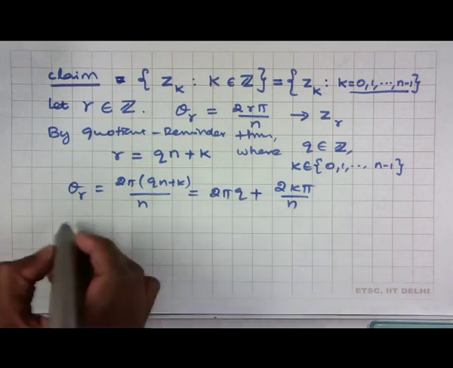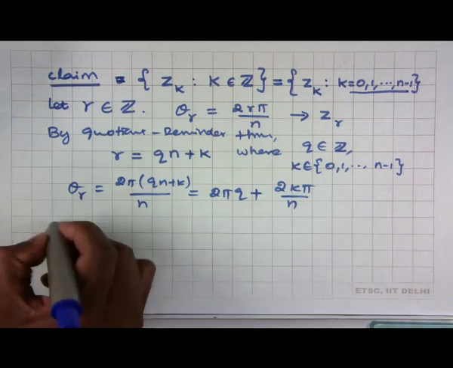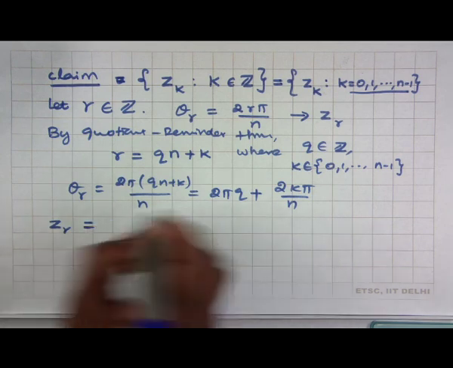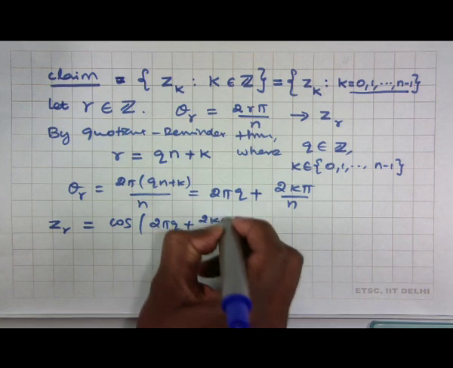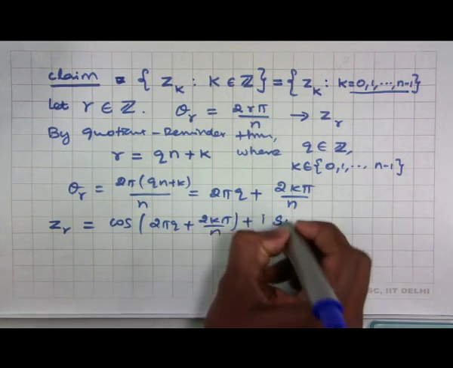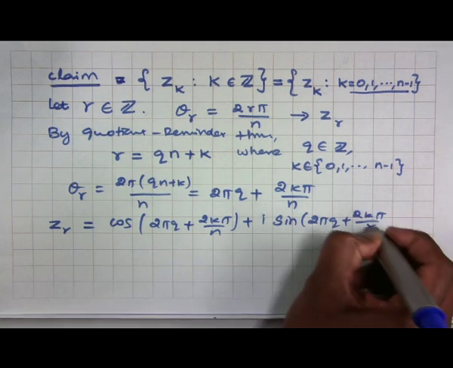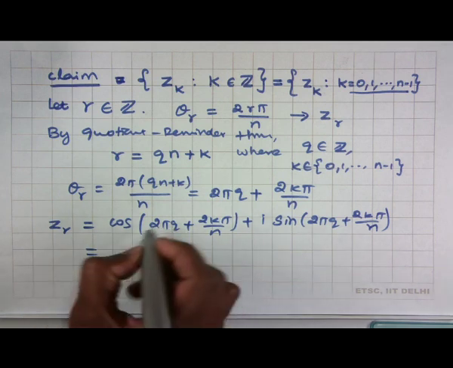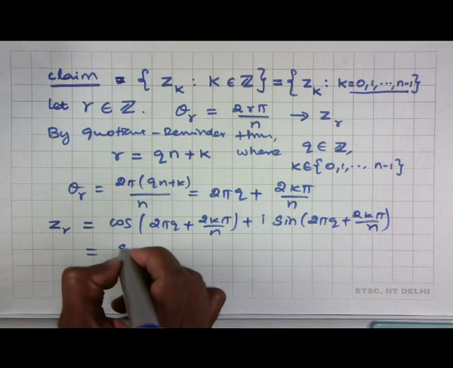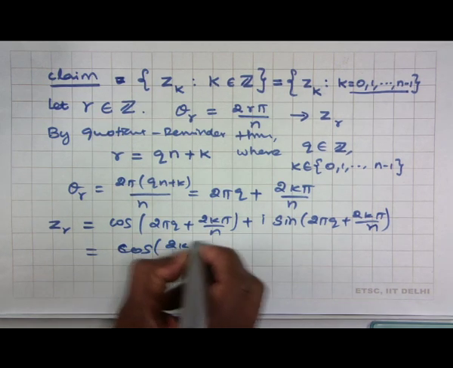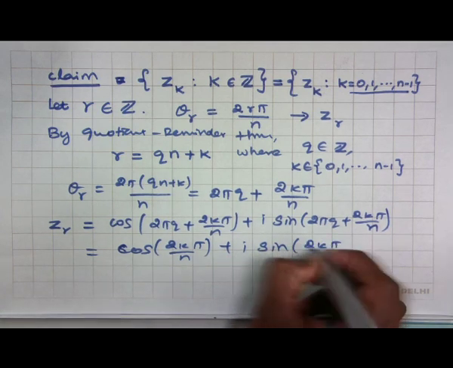So zr is given by cos of 2 pi q plus 2 k pi by n plus i sin of 2 pi q plus 2 k pi by n, and using the periodicity of cos and sin, it is cos 2 k pi by n plus i sin 2 k pi by n.